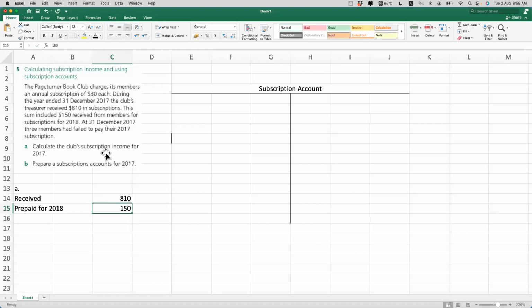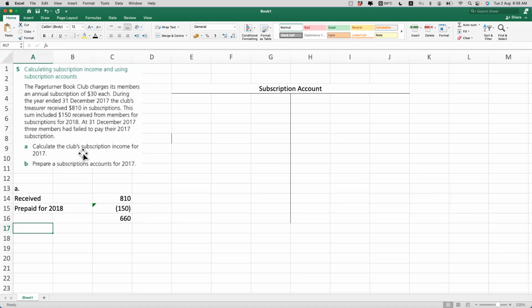So this one we need to subtract it out because we need to remove it, it is for next year, because we're going to calculate how much is the subscription income this year. So after you take it out, then you have a certain amount right here, which is 660. Right. So this is the remaining.